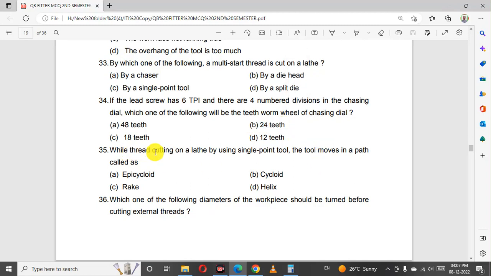While thread cutting on the lathe using a single point tool, the path in which the tool moves is called a helix.